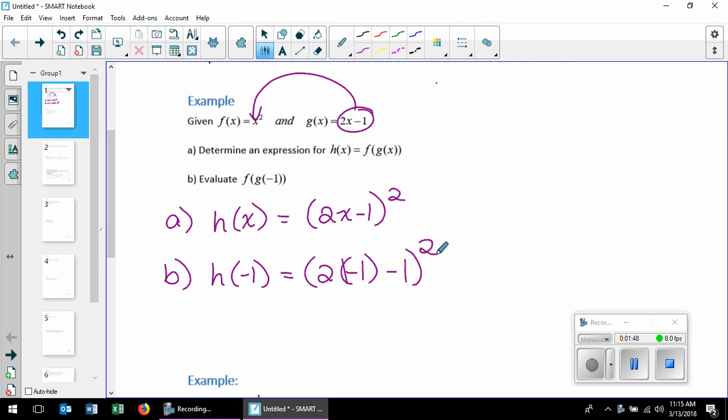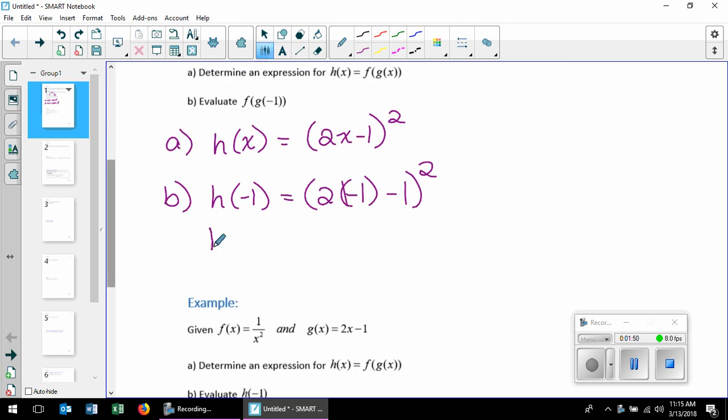All right. So -2 minus 1 is -3. -3 squared is a positive 9. Good with that. I skipped a bunch of steps today, so you can do that in your head. Easy peasy.